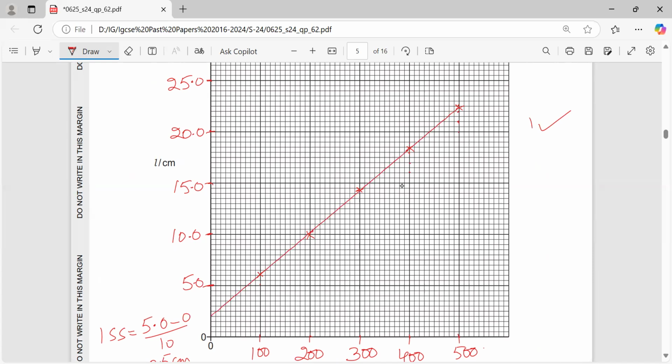So this is the line of best fit, not passing through the origin. So we scored the first mark by labeling, the second mark by the crosses, and the third mark by the graph line. And the thickness of the line should not be more than the thickness of the major lines of the graph.